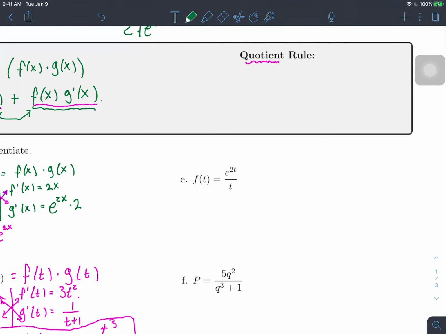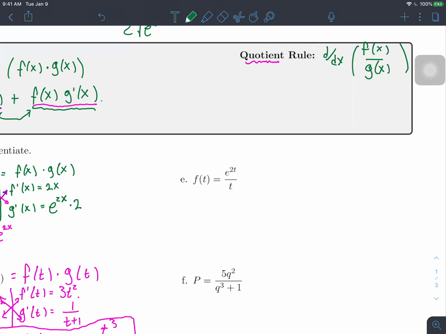And this is going to tell us how we do the derivative of f of x divided by g of x.